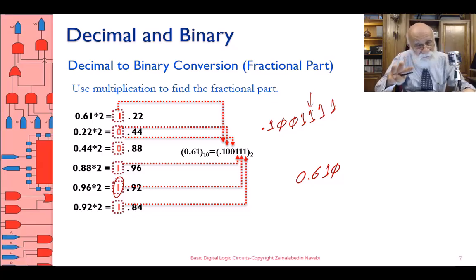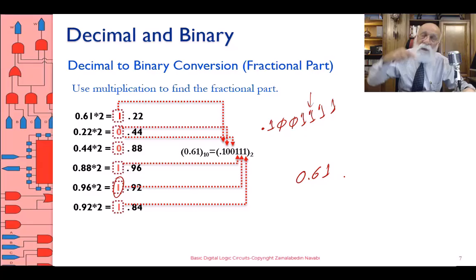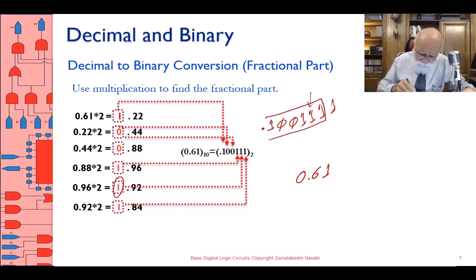Since I have 3 decimal digits, I have to do 9 binary digits. But now that my number is 0.61 and no 0 here, that means I don't really care about the precision to the right of this. I only care about 2 decimal digits of precision. And therefore, I translate that to 3 binary digits, and therefore, I only go up to this.